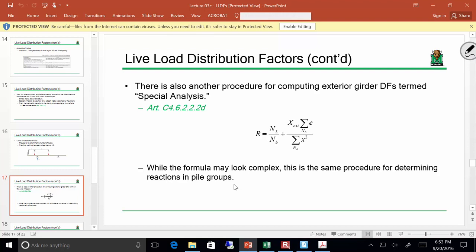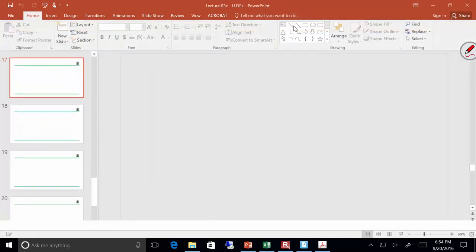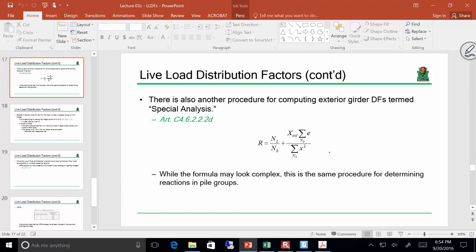I actually just noticed I have a mistake. Let me enable editing so that you all see what I'm talking about. This right here is supposed to be NL. Apologies for that. It's on the live load distribution factor slide, slide 17, so probably the third one from the end.